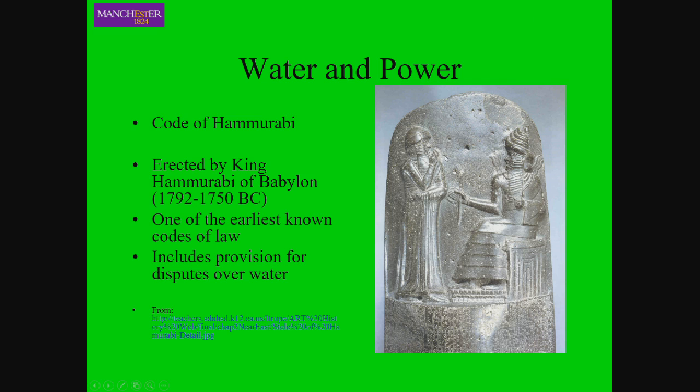The picture I've got here is from a stela of this Babylonian king from about 4,000 years ago, and he's handing over one of the earliest known codes of law. And what's interesting from a hydrogeology, from a water supply point of view, is this specifically includes provisions for what to do about people arguing about water supply. So even 4,000 years ago, water supply was really important.